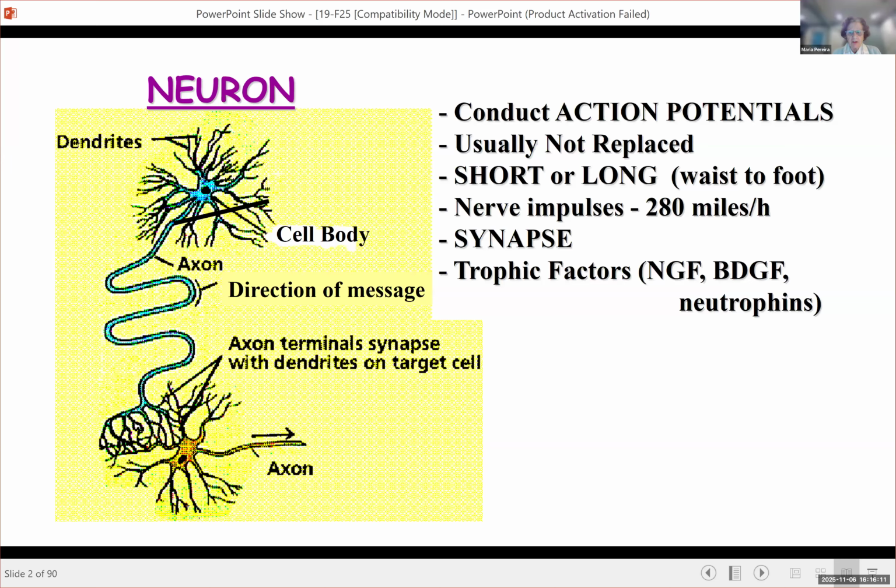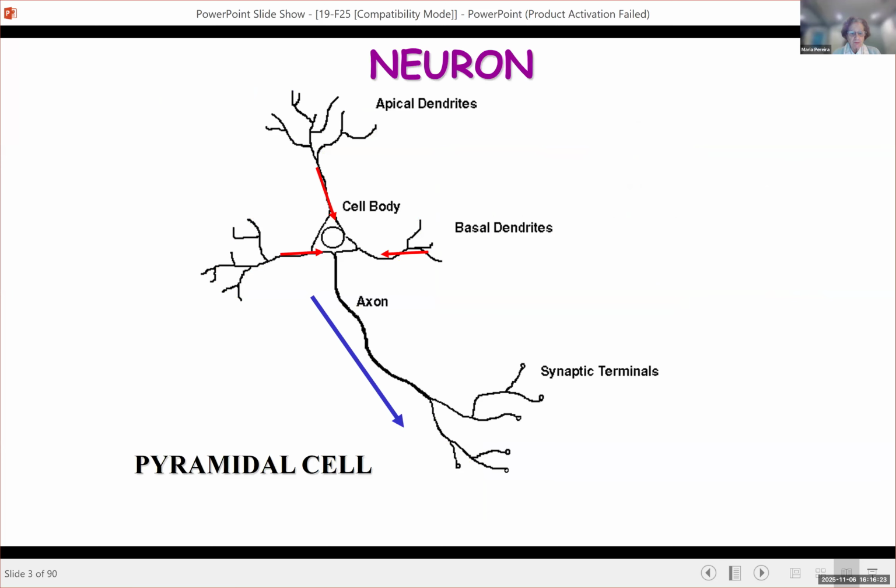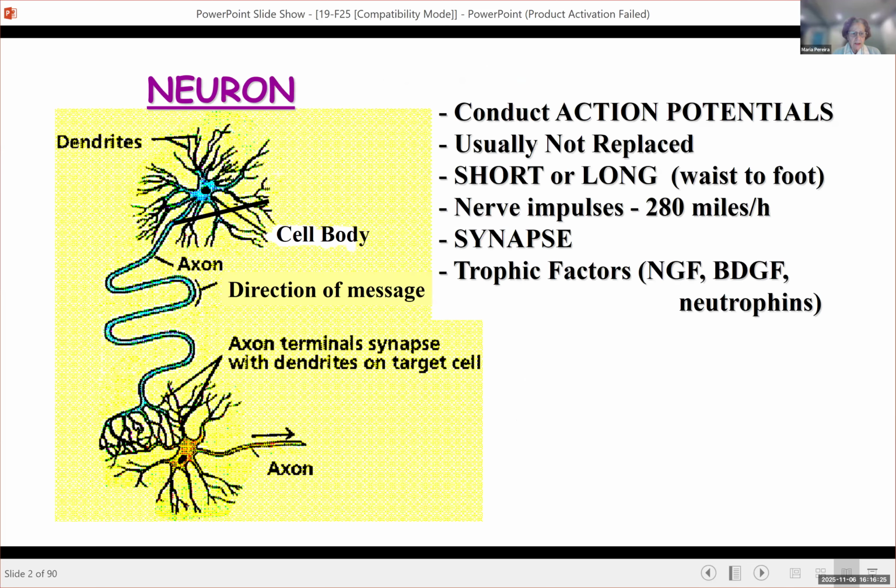What I'm talking about is the electrical signal, the action potential. Remember, they make synapses with other neurons, and then the action potential is transmitted from the presynaptic neuron to the dendrite of the postsynaptic neuron. They are branched, they are not myelinated, and usually they're short.